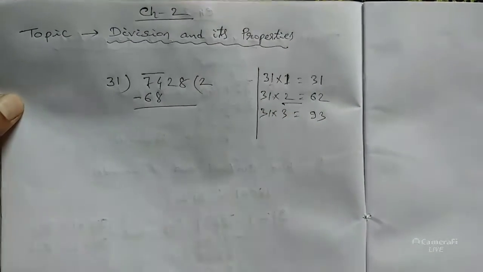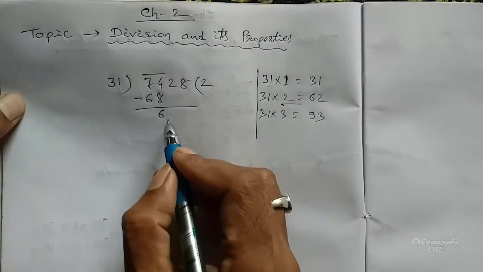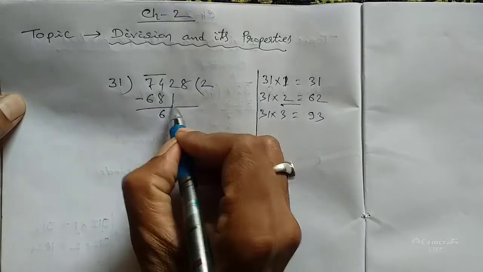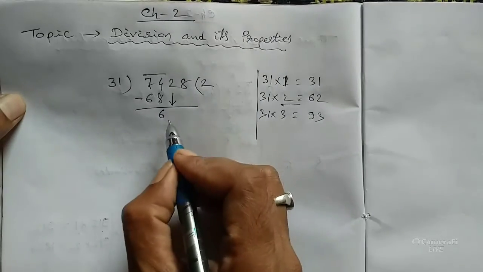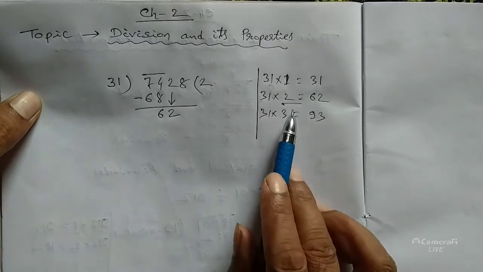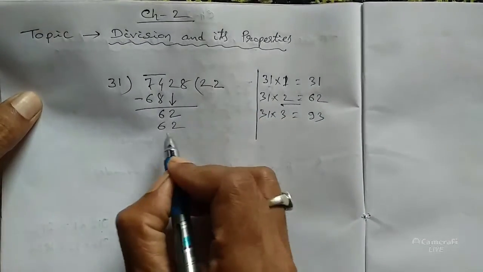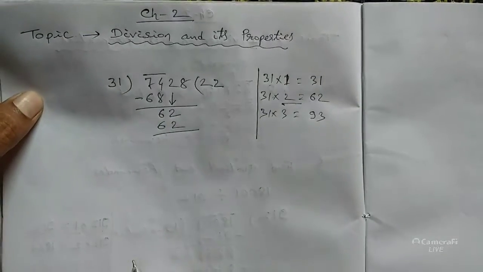Now we will subtract: 74 minus 62 is 12. Now we will take digits one by one from here, first 2. So 31 twos are 62, but one digit remains here.